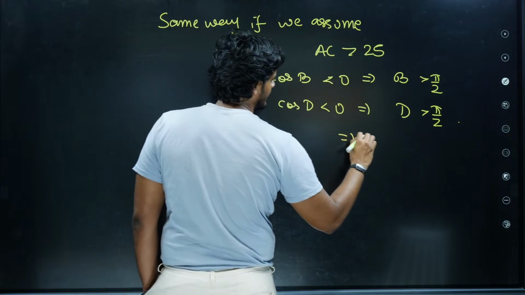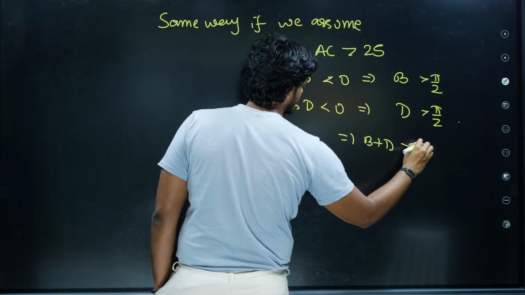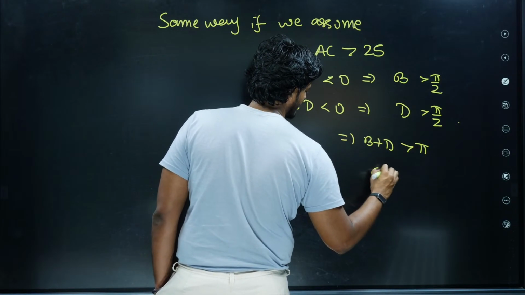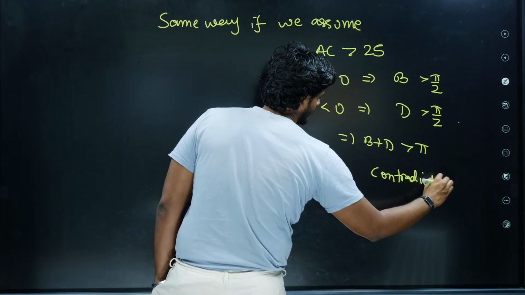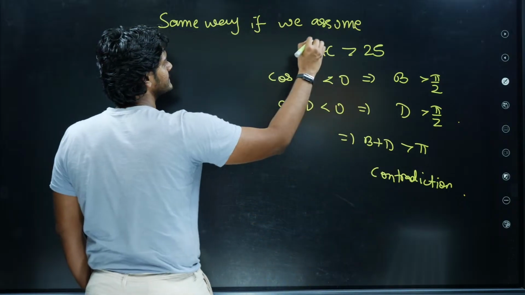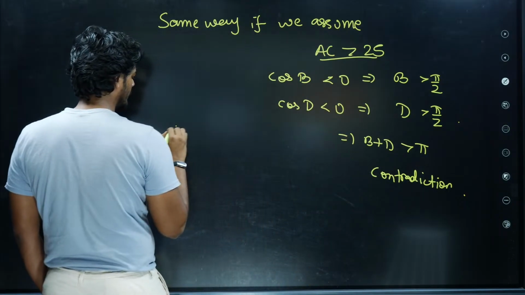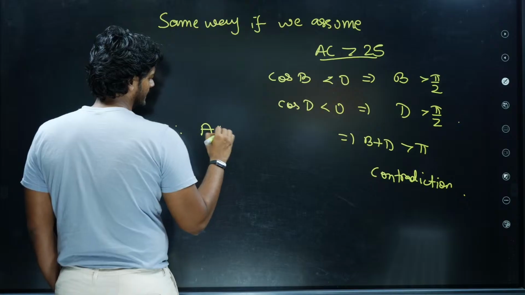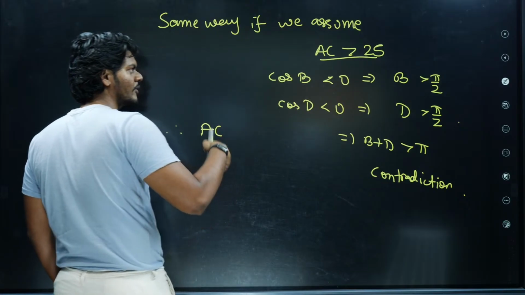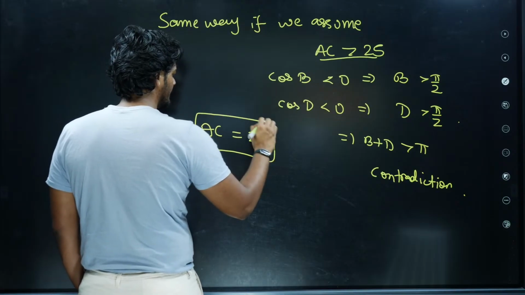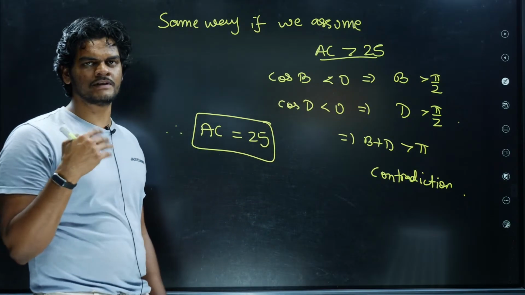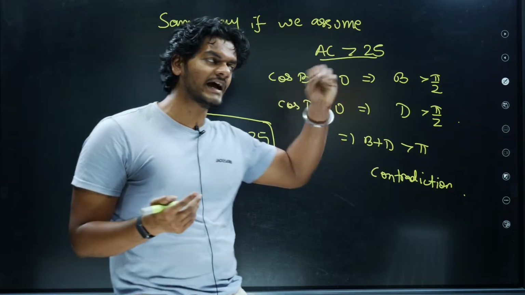And that would imply B plus D to be more than pi, which is again a contradiction. Contradiction to what? Contradiction to the assumption. Therefore, AC is neither less than nor more than, so it has to be equal to 25, there is no other way. And the moment AC is 25, we see that that has to be the diameter.